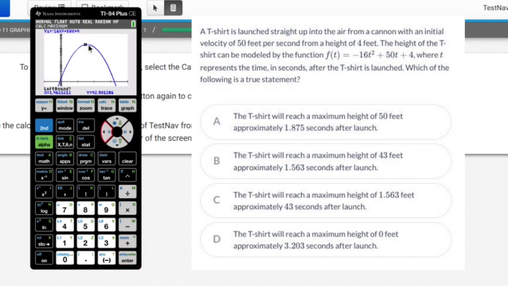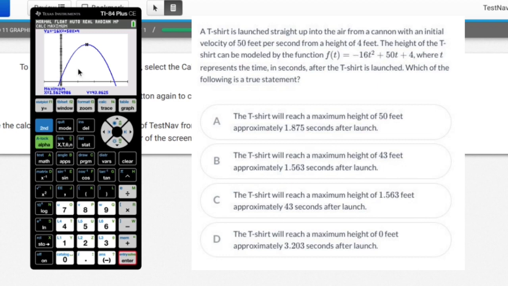My maximum's right around here. I'm going to go to the left of it, hit enter for my left bound, then go to the right of it for my right bound. My maximum's going to be in between those 2 lines. Hit enter, and my maximum happens at 1.5624, and the maximum is 43.